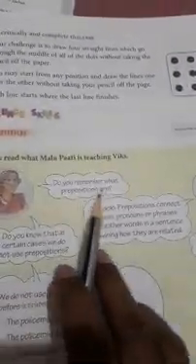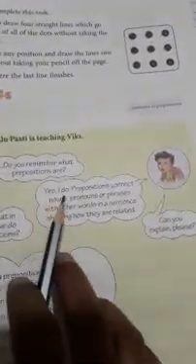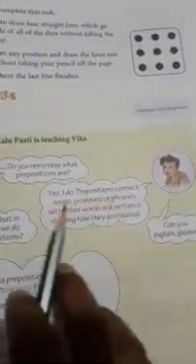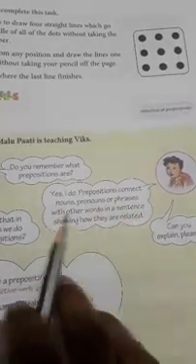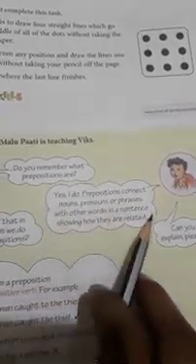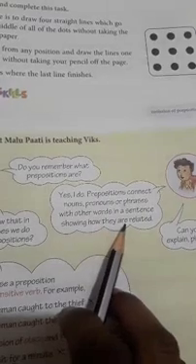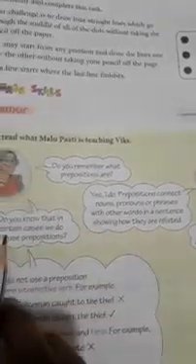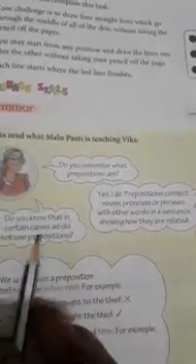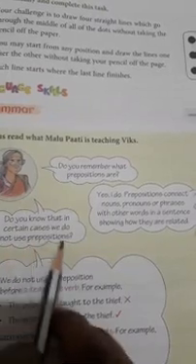And now, grandma, do you remember what prepositions are? Damu is saying, yes, I do. Prepositions connect nouns, pronouns or phrases with other words in a sentence, showing how they are related. Do you know that in certain cases we do not use prepositions? Can you explain, please? Before that we should know what a preposition is.